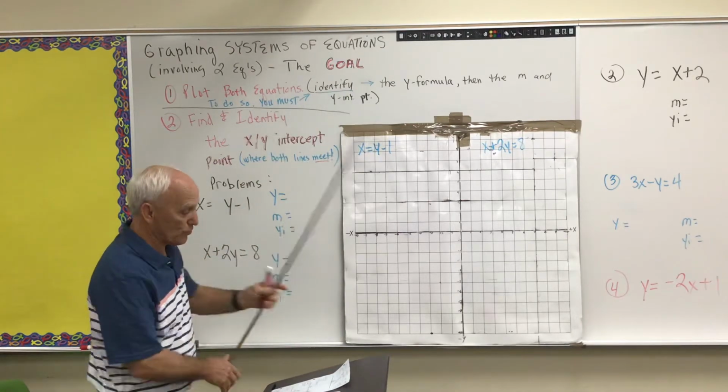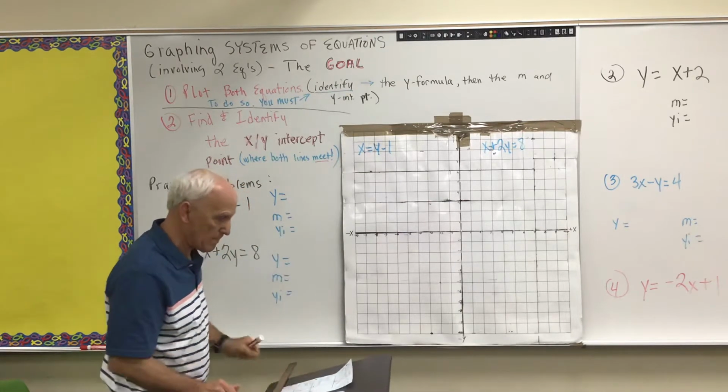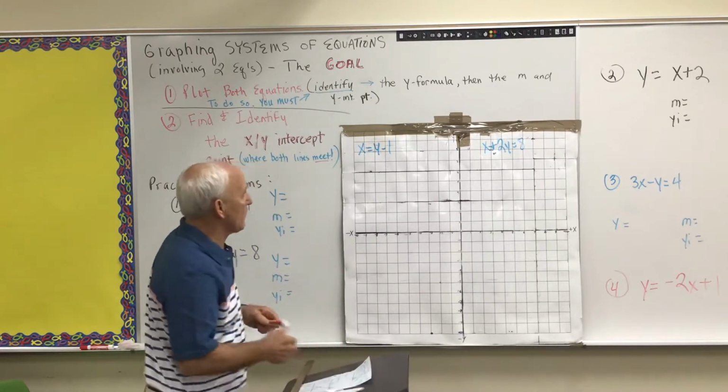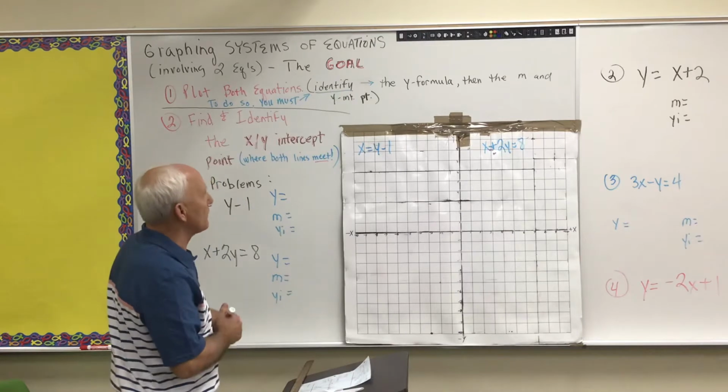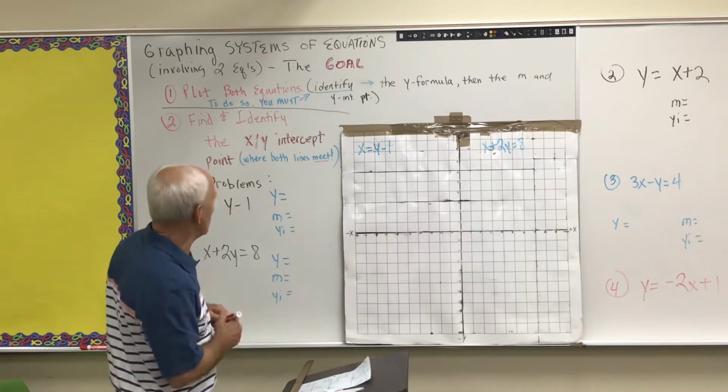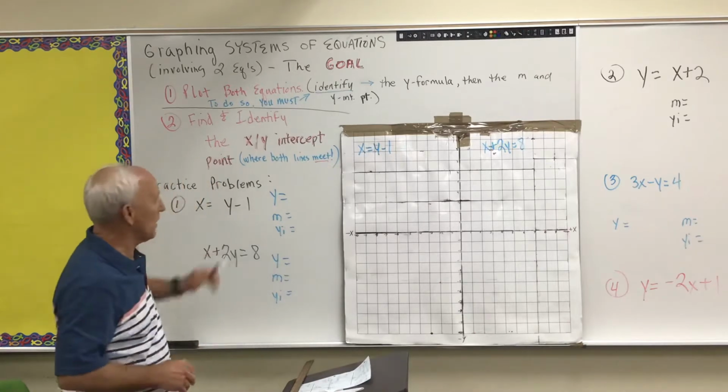And that'll be interesting. That's almost like a game. We're trying to be the first ones to get the point at which the two equations intersect. So let's start off with the first one.